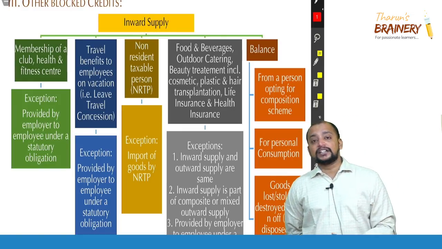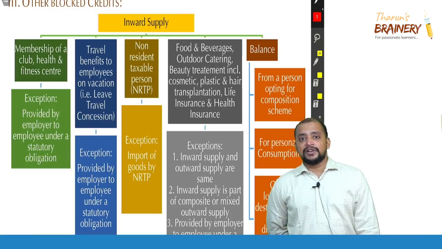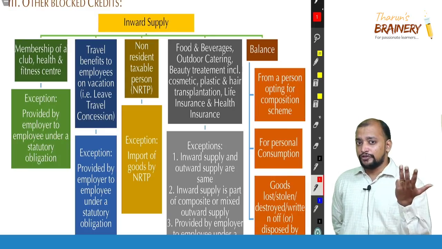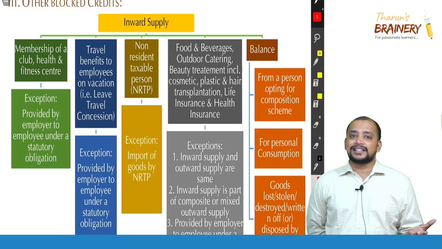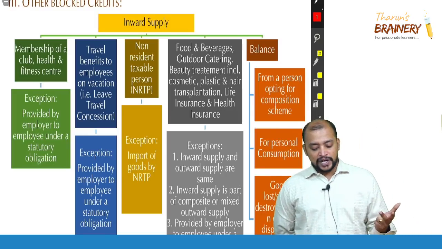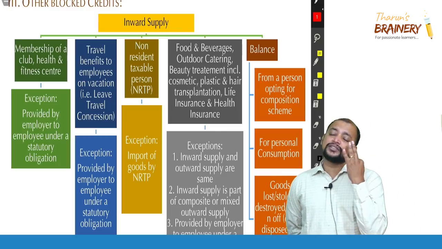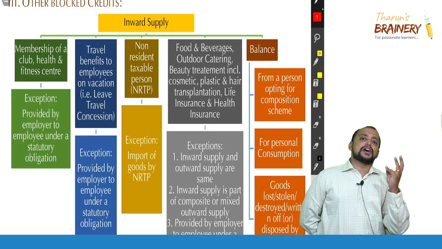That is about NRTP. Then next one, there are a few inward supplies: food and beverages, outdoor catering related to food. Then related to beauty treatment, cosmetic, plastic surgery. Then third, insurance, life insurance and health insurance. In 3 points you can remember. Food related is food, beverages, outdoor catering.